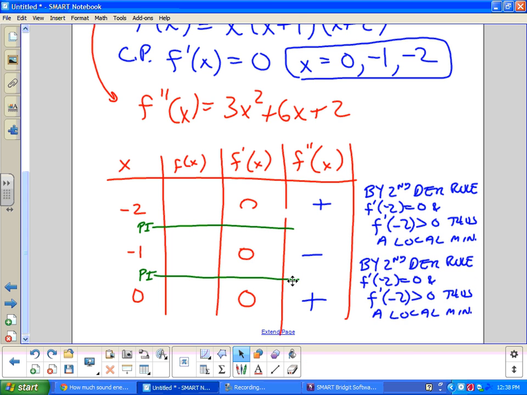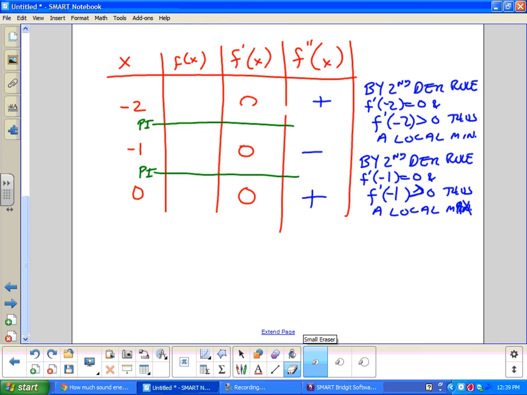For the next reason, instead of -2, I'm checking -1, and the second derivative at -1 is less than 0. Thus, instead of being a local min, it's a local max.